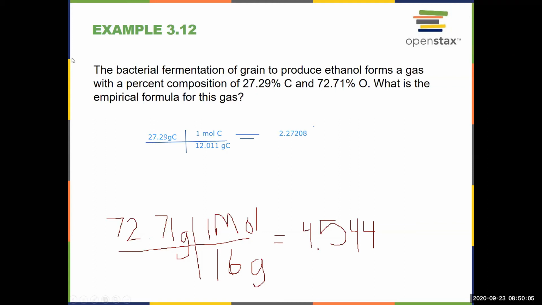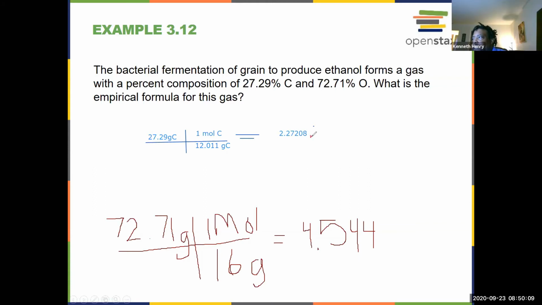And don't forget your units, guys, because I will deduct you for that. I'm not a mind reader. And sig figs.